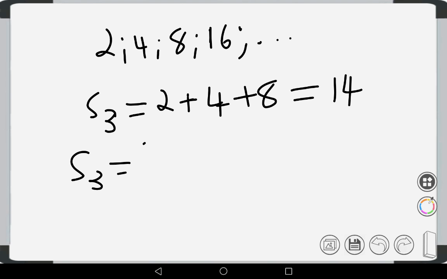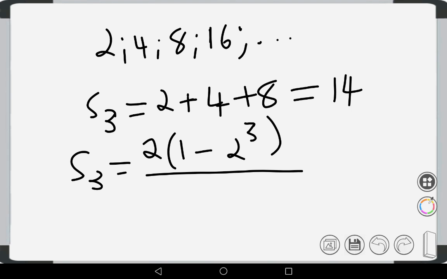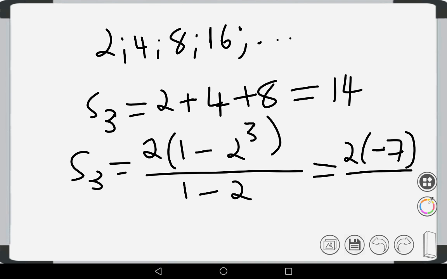Our a is 2 times (1 minus r to the power n), which is 2 to the power 3, divided by 1 minus r, which is 2. 2 to the power 3 is 8, so 1 minus 8 is minus 7, divided by 1 minus 2, which is minus 1.